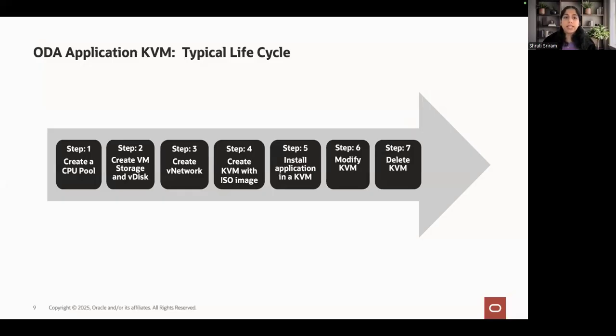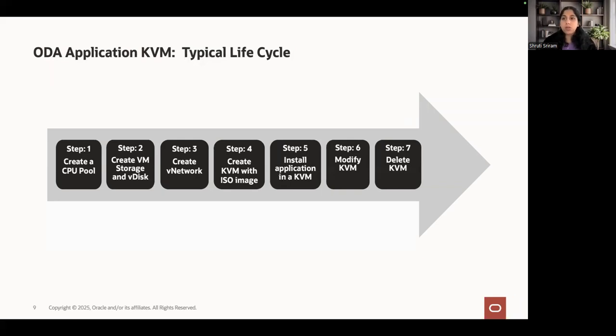And then in the next step, you can create the VM storage and the vDisks. Through this, we can allocate VM storage and the vDisks that are necessary, and we can ensure that the VM has enough space for the operating system and application data. And in the next step, we can create the KVM with an ISO image.